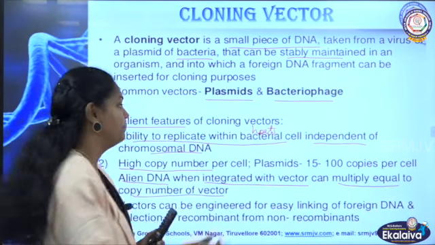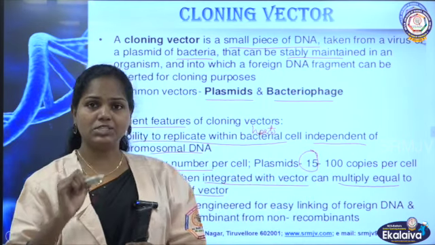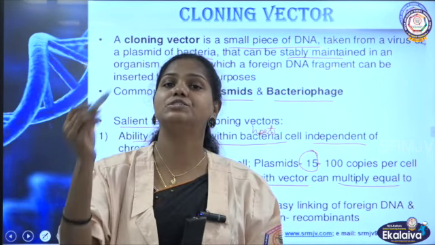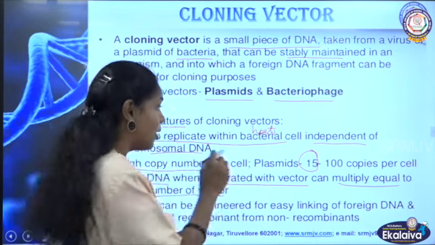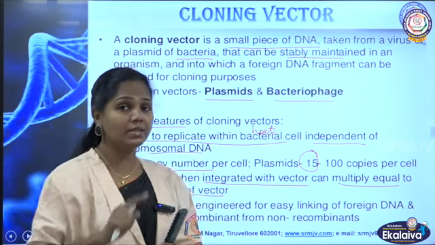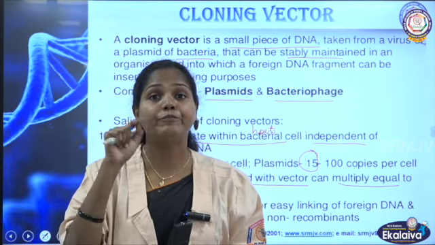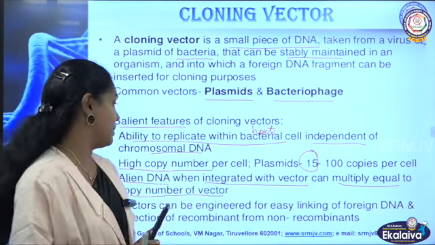For example, if the plasmid copy number is 15, our gene of interest is inserted into the plasmid and that plasmid is introduced into a host cell, then in one E. coli it can produce 15 copies of that plasmid. That is called copy number.